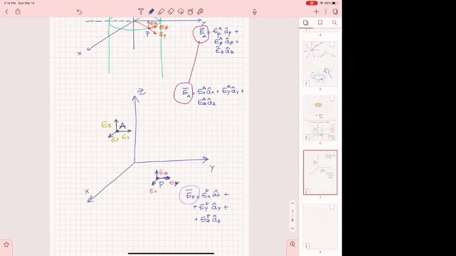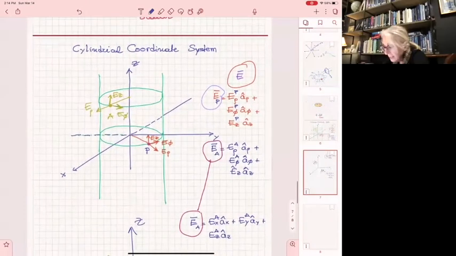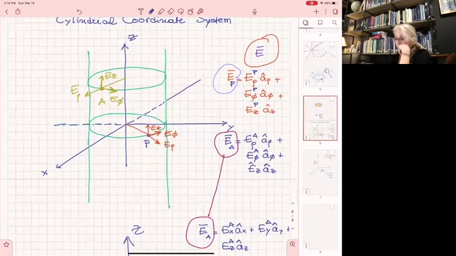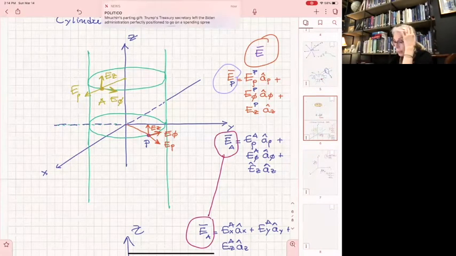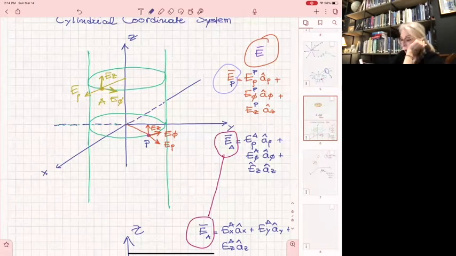Yes. Yeah. But what happens in the cylindrical system? Now that I've made that observation in the Cartesian, what is your observation for the cylindrical? That only the Z components align. What happens to the rho components and the phi components?